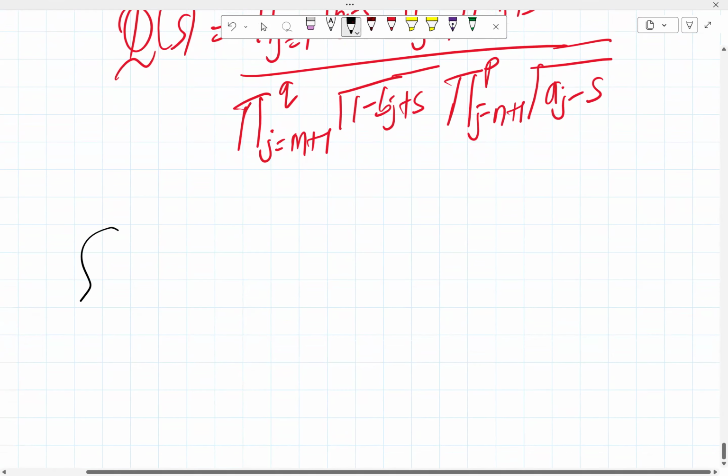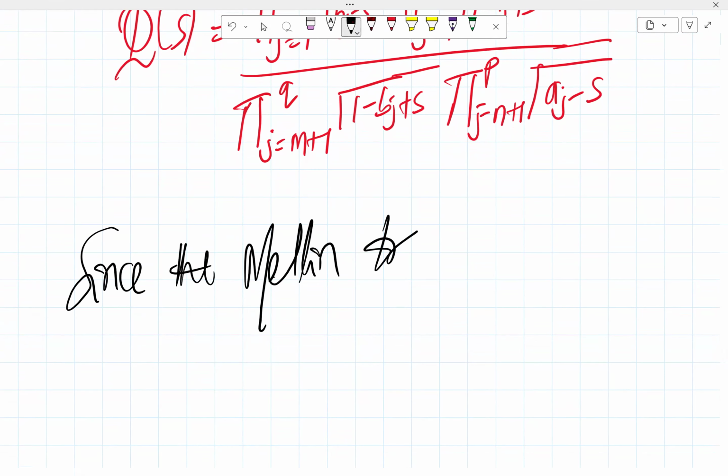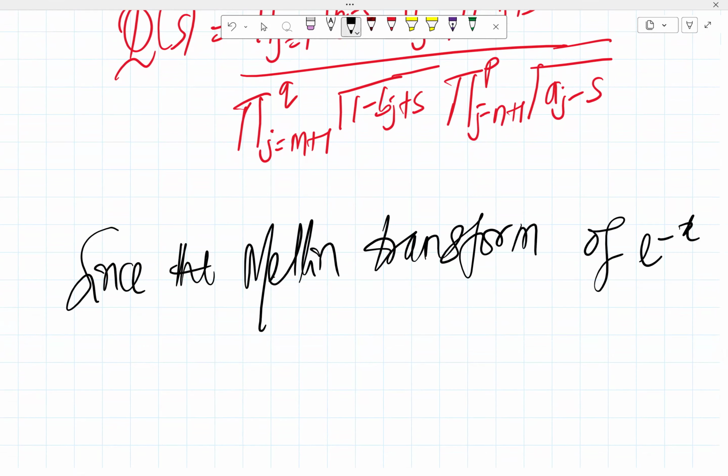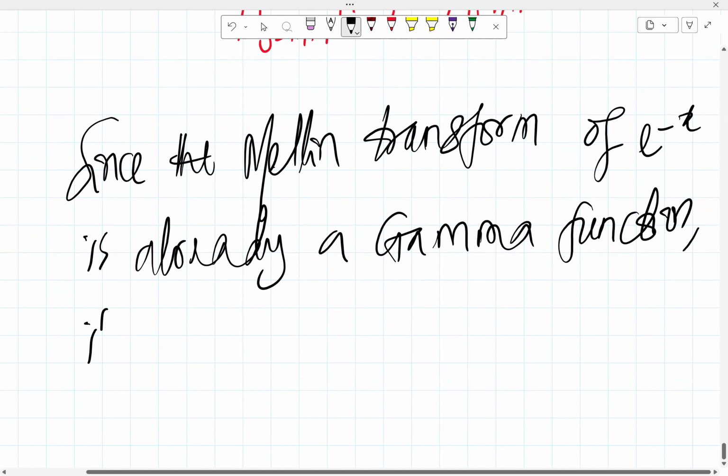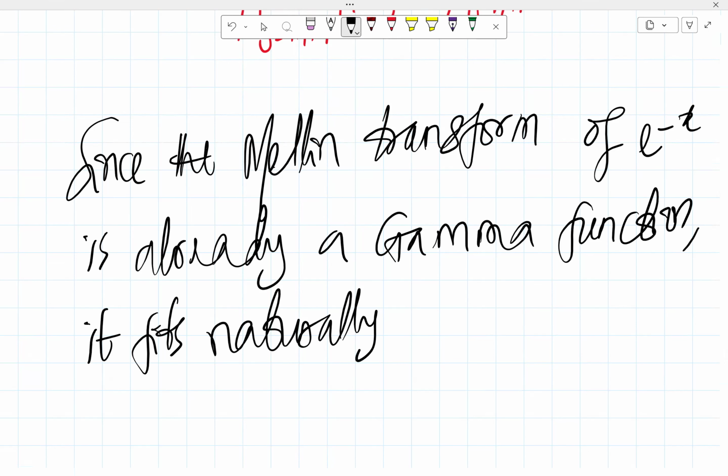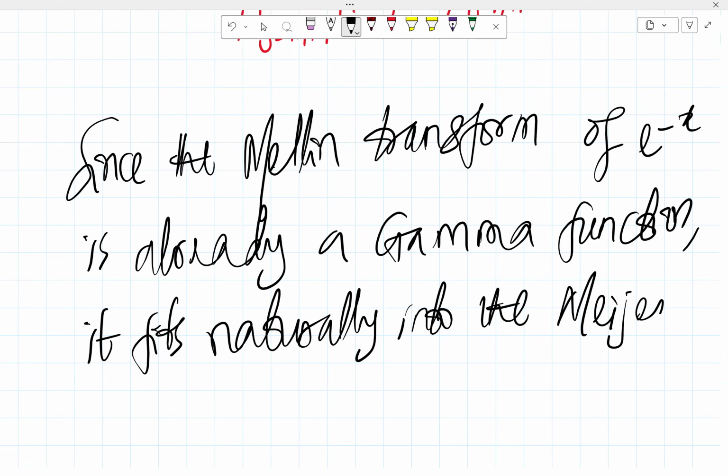Okay, so since the Mellin transform of e raised to the power minus x is already a gamma function, it fits naturally into the Meijer G framework.